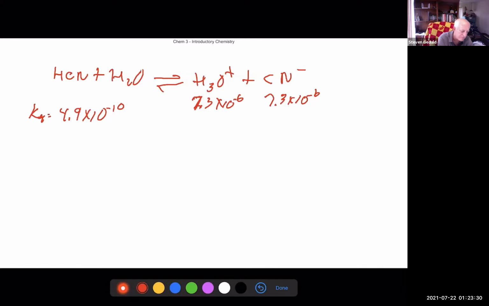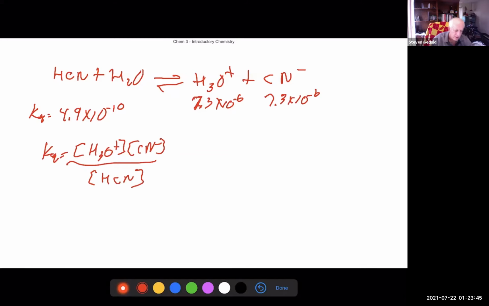The equilibrium constant is equal to H3O plus times CN minus divided by the concentration of HCN. And water does not come into the equilibrium constant. It's a pure liquid. So we're looking for HCN.